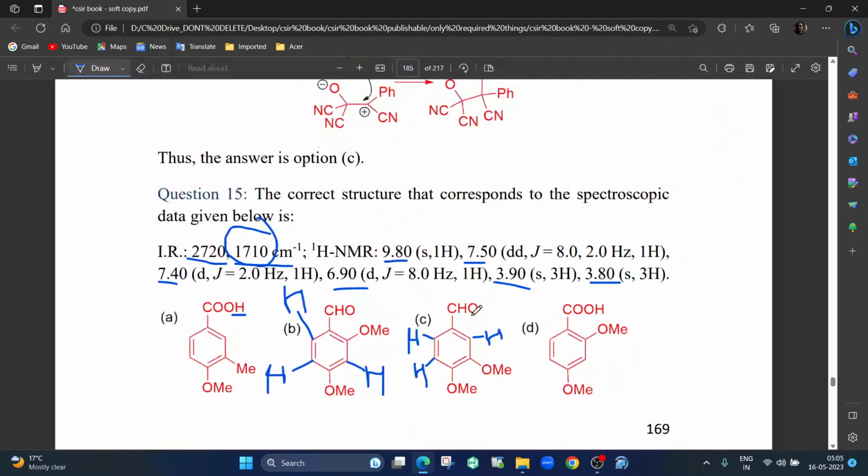Both of them have three protons, that means both can be right. Now we have to look at the splitting pattern. Splitting pattern is double doublet.